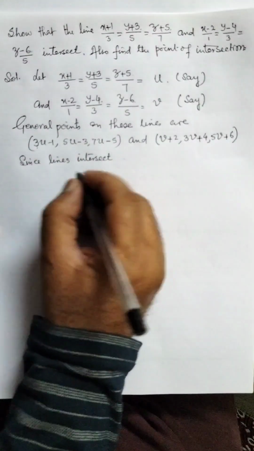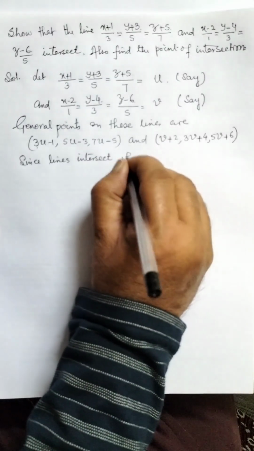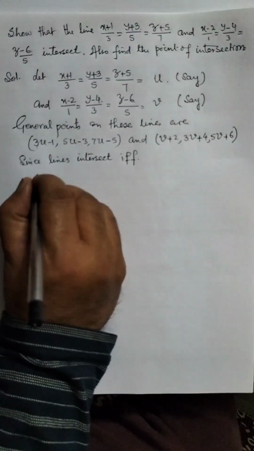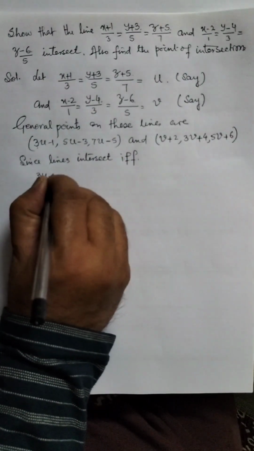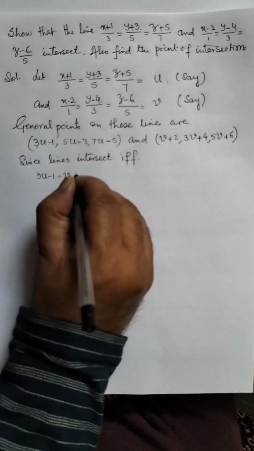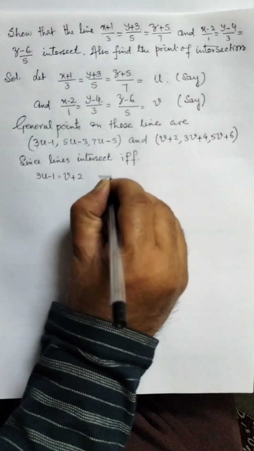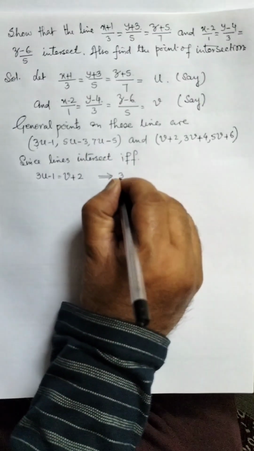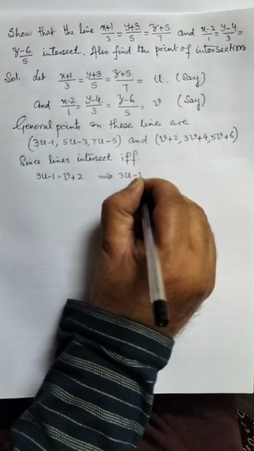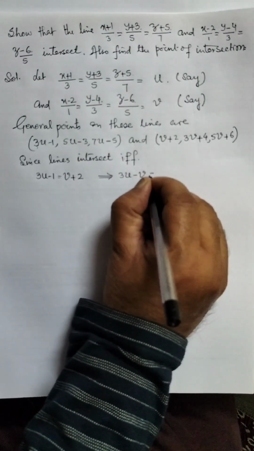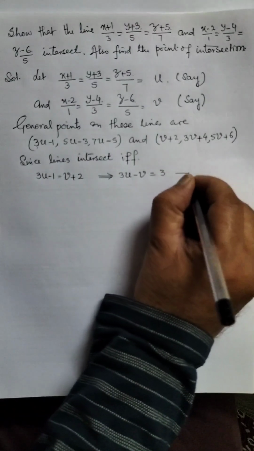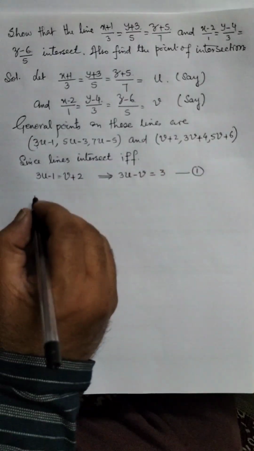Then they will intersect if and only if 3u - 1 = v + 2, which implies that 3u - v = 3. Let us call it 1.